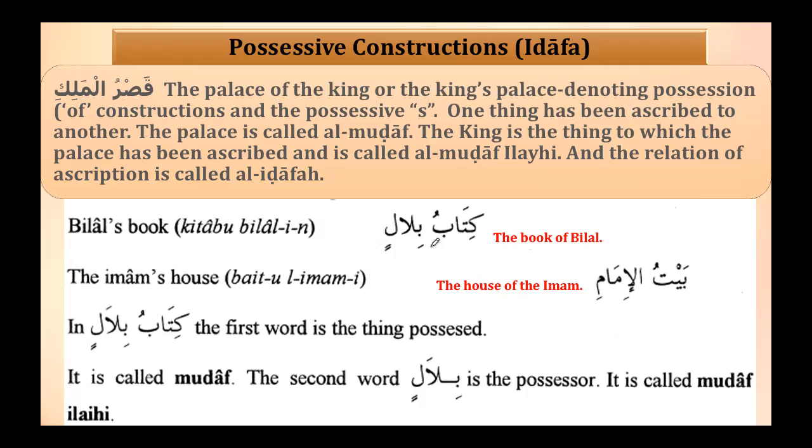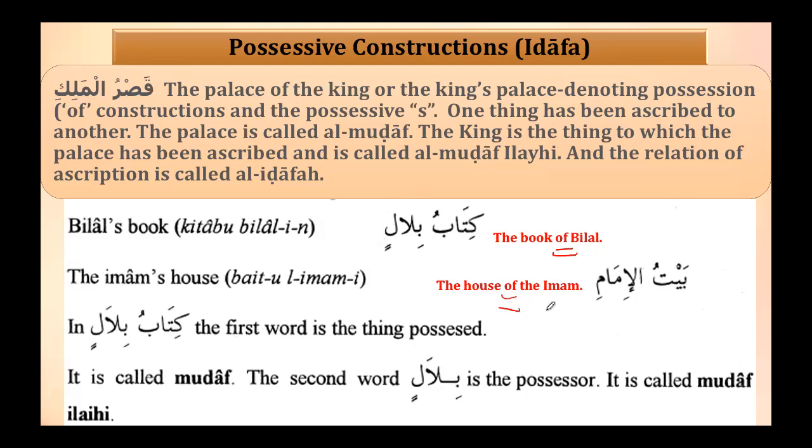Kitabu Bilalin, again, book of Bilal. So book comes first, and Bilal is the owner, so it comes after. Another example, Baytul Imami, house of the Imam. So Imam is the possessor, and Baytu is the thing possessed, which comes first.